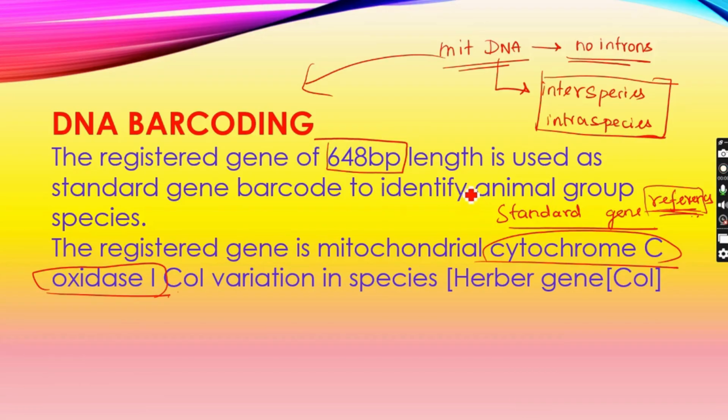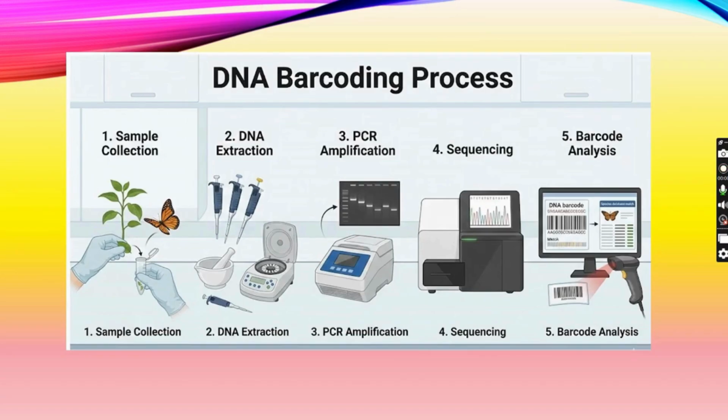It is going to differ by a small amount in each animal group. As the difference is small, it is easy to identify the species. So a gene which differs only by a small amount is going to be taken as a reference to identify the different species. So this is the DNA barcoding process.